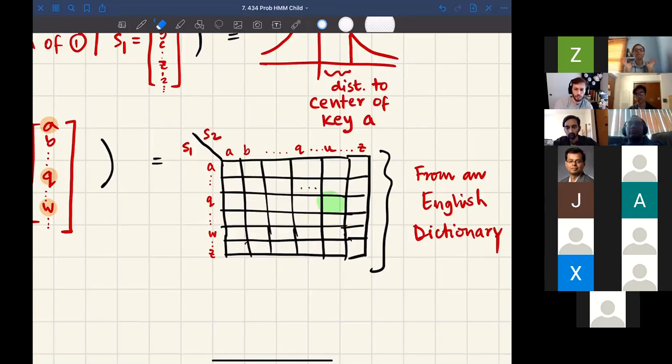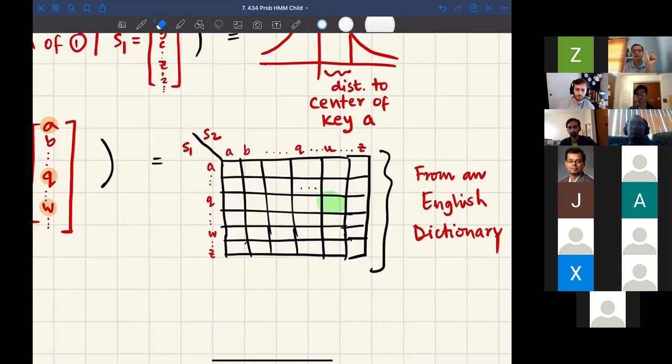You can say that, okay, I do not have anything else other than a dictionary. Then that's the best you can do. But you can say, look, I'm going to take all Wikipedia articles as well. And from that, I'm going to count which word has how much frequency.